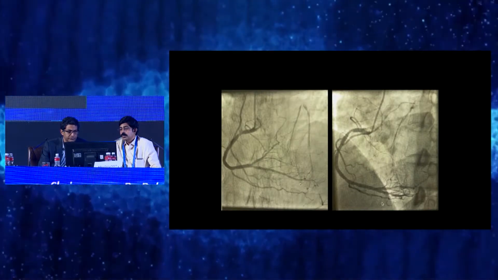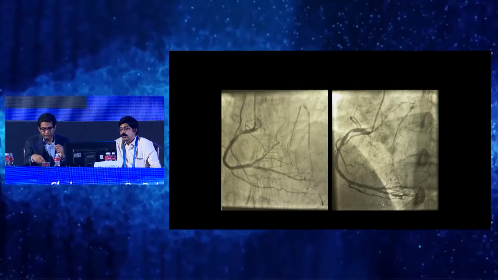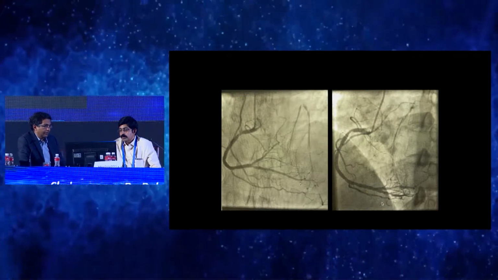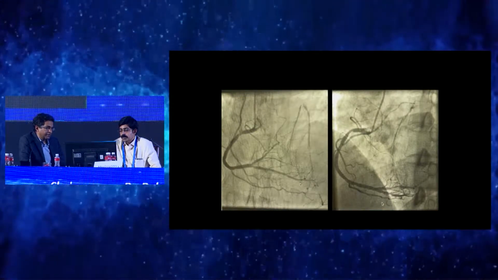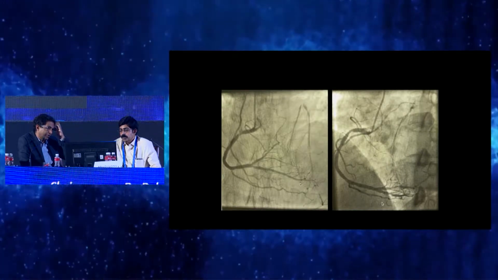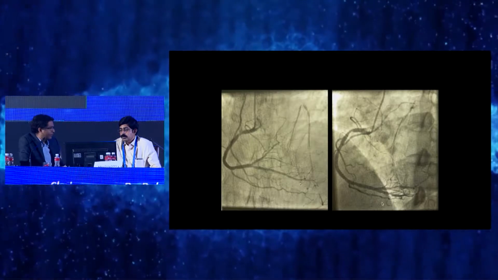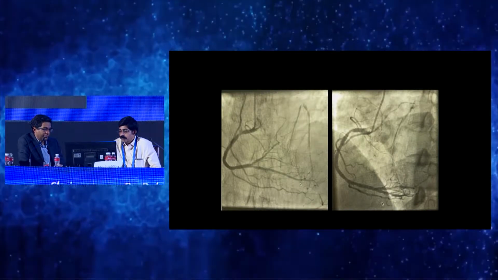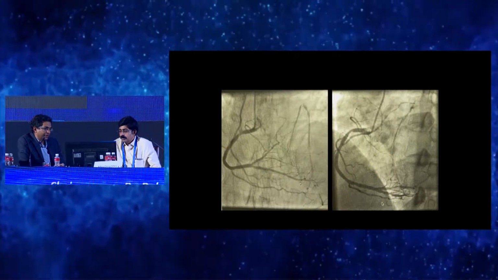Any questions here? I think this is a very good setup for a nice antegrade CTO approach, in my opinion. But the retrograde collaterals are so good that some people might feel, why not proceed with the retrograde approach itself.